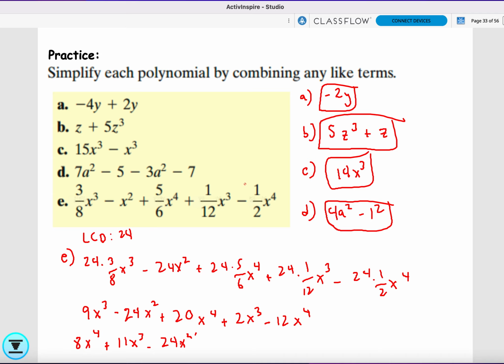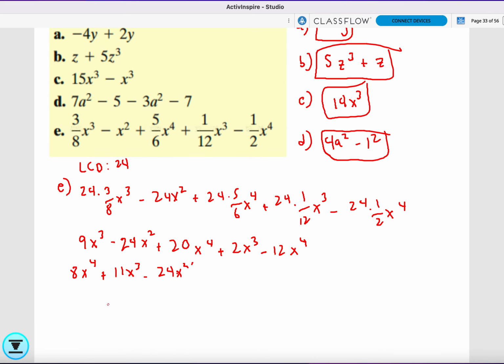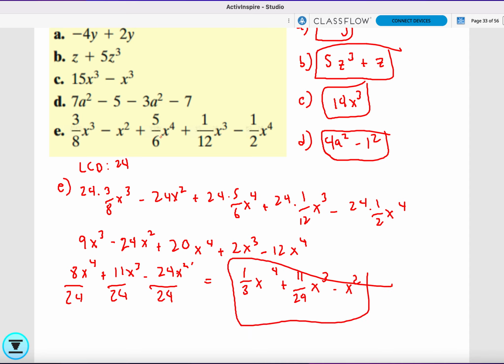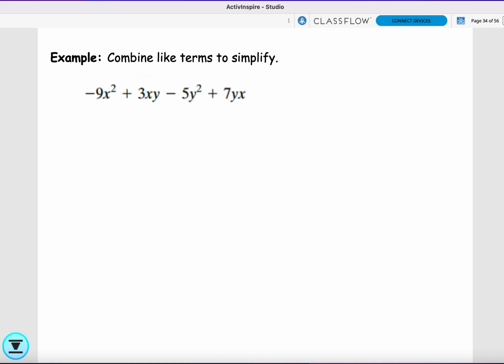Works out. Because I multiplied everything by 24, I would just divide everything by 24. So then I get 1/3 x to the fourth plus 11/24 x cubed minus x squared, which is just what it is here. So that works out. So you multiply the 24 to get rid of the fractions, then you combine your like terms, then divide out the 24 to get your final answer. Because what we do to it, we had to undo it.